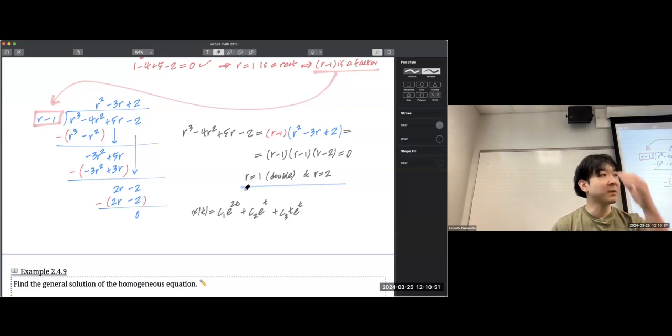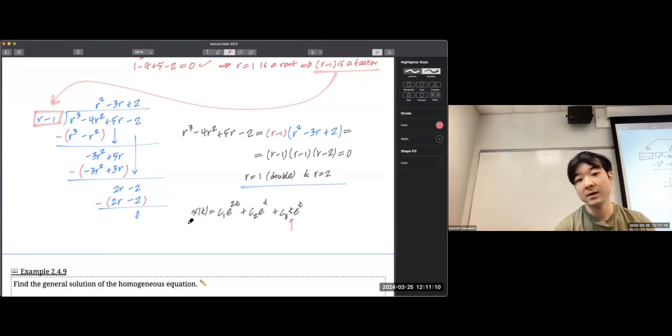But the other one was always multiplied by t with the same exponential. And we can justify that using reduction of order pretty soon. But for now, just remember that that's the thing we've been doing.